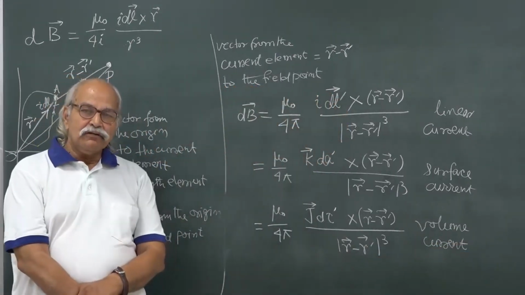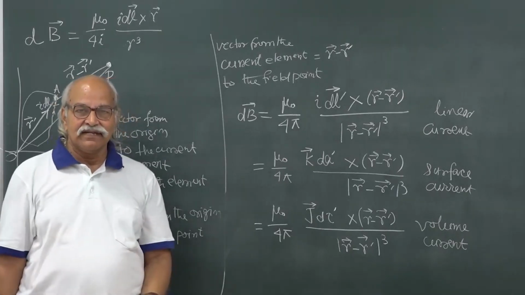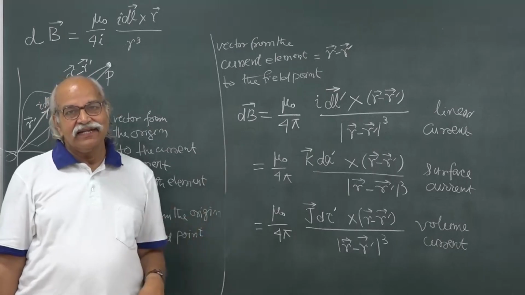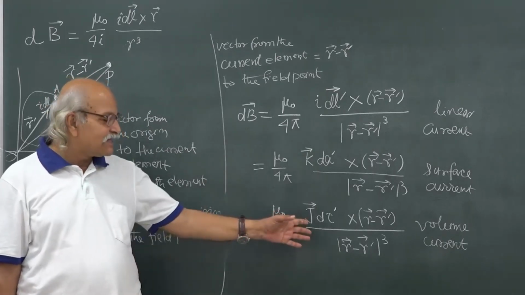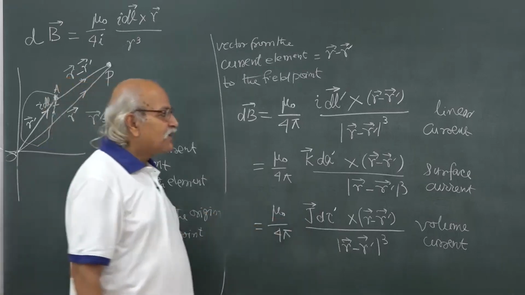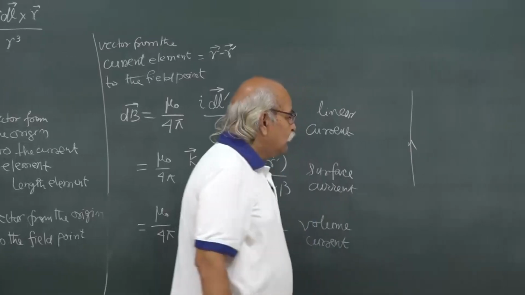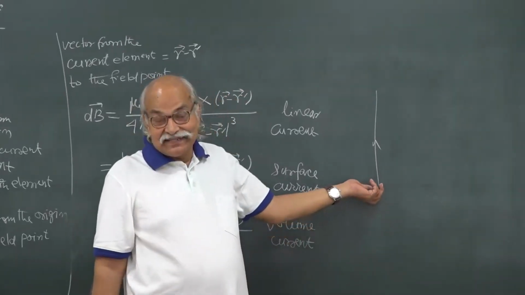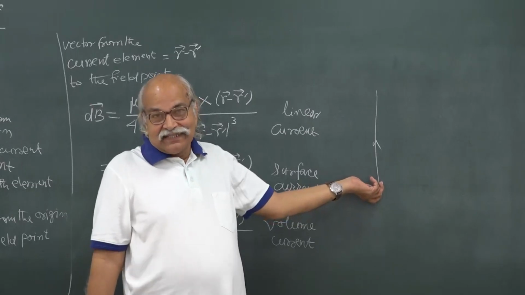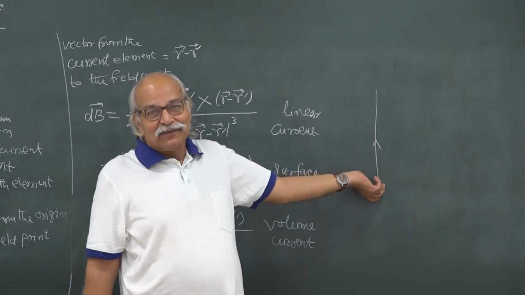Now, the volume current is the most general kind of current; a linear current, a surface current, everything can be expressed as a volume current. Even if I have a line current, first the line will have some thickness. Of course, it is a wire, it is not y equal to mx plus c, the straight line that we study in geometry.